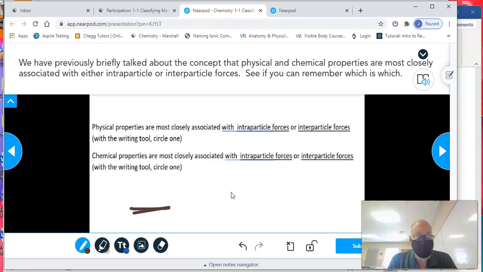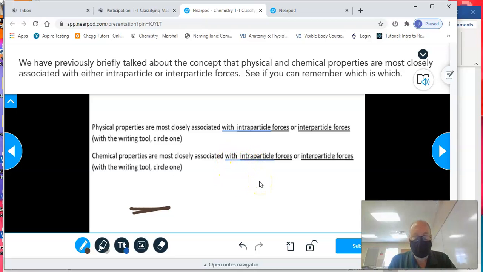I've said physical properties are most closely associated with, and I need you to circle, so take the drawing tool and circle either intraparticle forces or interparticle forces, and then the same for chemical properties. Don't worry, I'm not grading you to see which one you get right. I'm just trying to check for your understanding here.